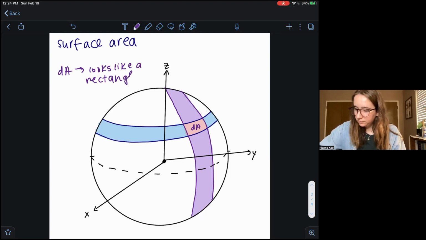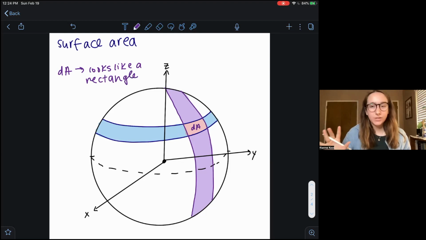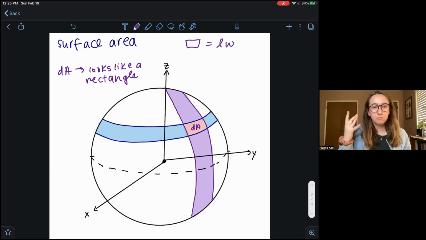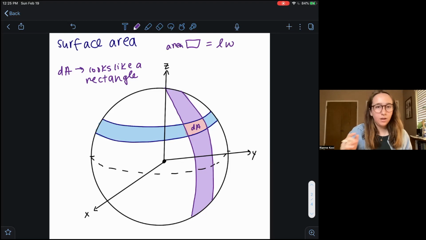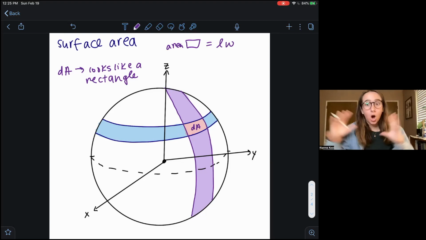And we know that a rectangle has an area of length times width. So what we want to do is find the area of that rectangle and then integrate it over all of the rectangles of the sphere.